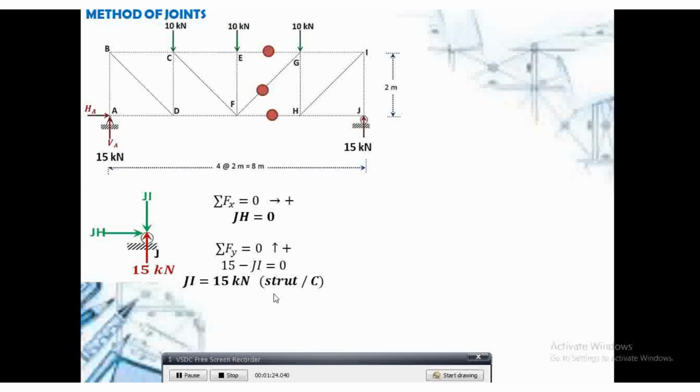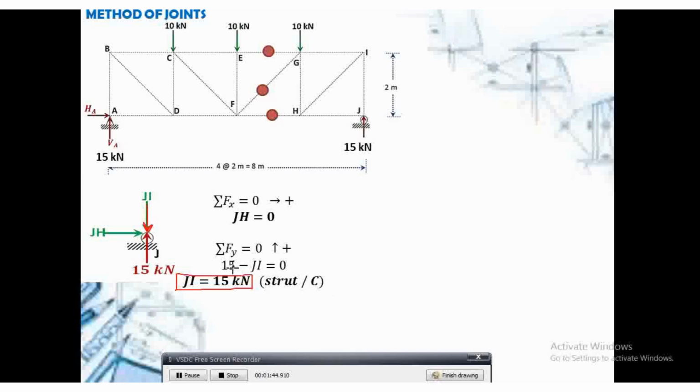Now, take note of this. Kapag na-solve ko, JI turned out to be positive 15. Ibig sabihin, tama yung assumption ko na si JI pababa.